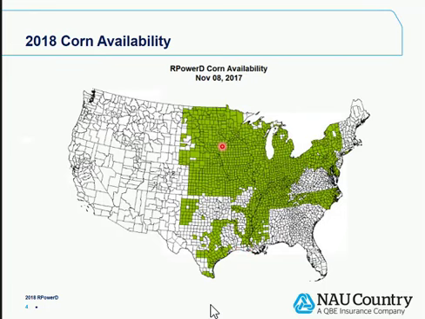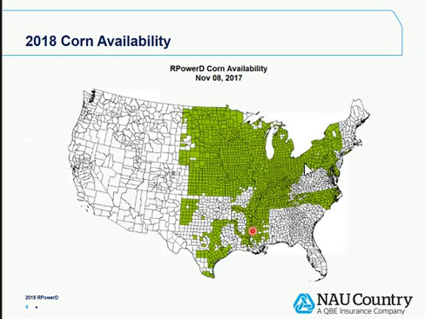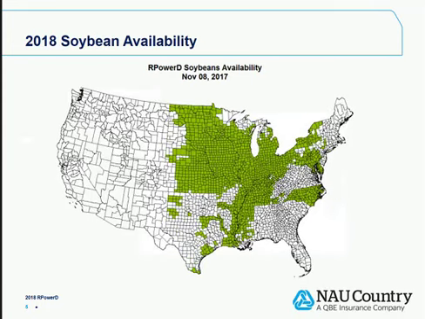The ones that were in red, as I indicated before, none of those counties are approved. But when the state approves the product, then these counties, which we have filed and developed rates for, will be available. There's corn, there's soybeans. They look quite a bit alike. There's a little bit of overlap, but for the most part, they line up the same.